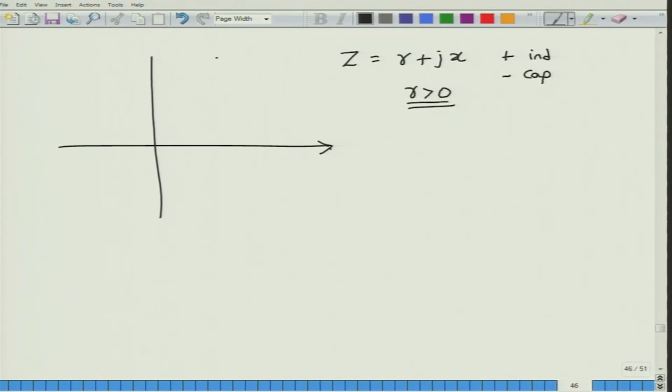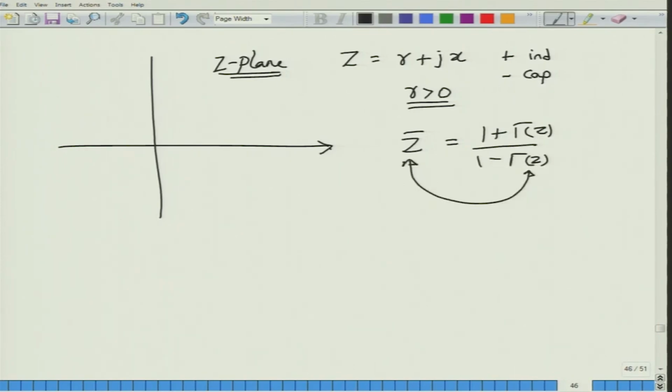So this is my complex Z plane, that is, the complex impedance plane, which can again be thought of as a normalized value, normalized with respect to Z naught of the transmission line. So this impedance is given by 1 plus gamma of Z divided by 1 minus gamma of Z, thus relating the impedance and the reflection coefficient values at any point on the transmission line.